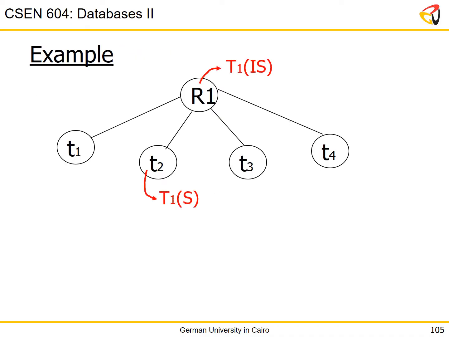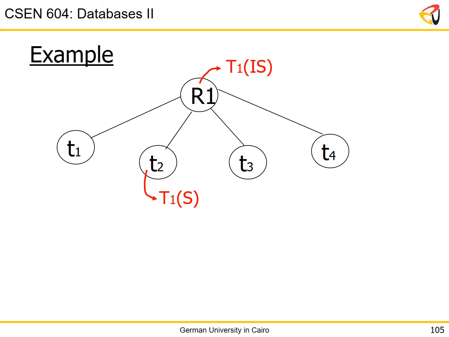So let's look at an example. If transaction T1 would like to read the row, or the tuple, T2, it starts from the root. Since it's not interested in the whole relation, only in T2, it will request an intention to share, which means it's saying, I am going to later on request a shared lock.